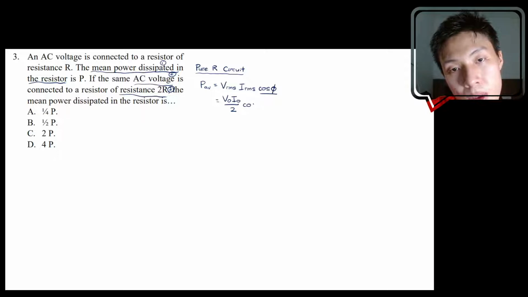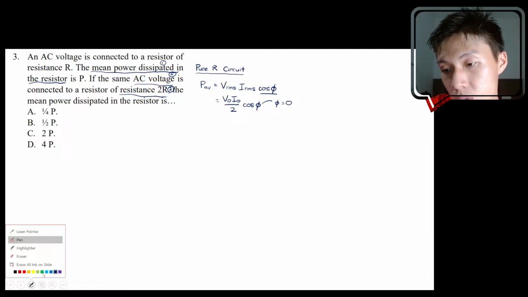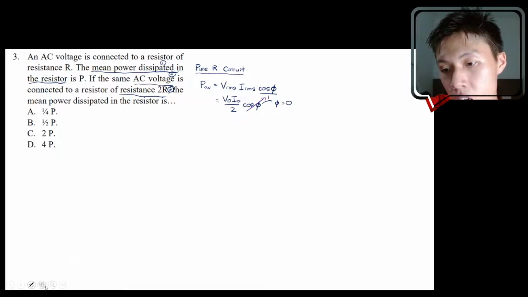But if you remember, for a pure R circuit, phi will be equal to 0 because V and I are in phase. So since phi is 0, cos phi immediately becomes 1. Cos 0 degrees becomes 1. So our average power dissipated will be V0 I0 over 2.